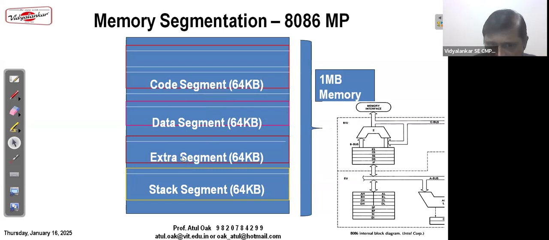Let's not talk about extra segment and stack segment immediately. We will only talk about code segment and data segment initially, okay, to understand the concept of segmentation. That means you separate your program, that means code and data of that program, into separate parts of the memory. That is called memory segmentation.